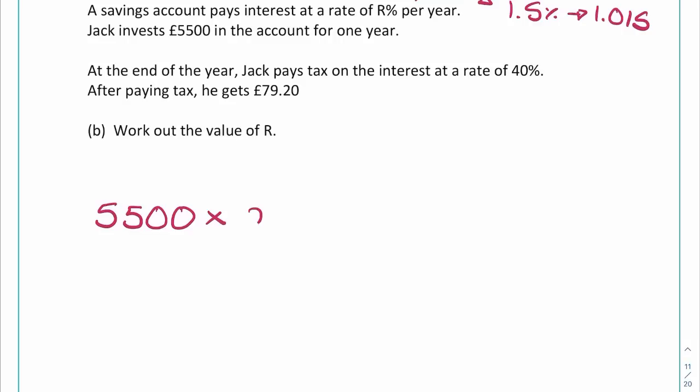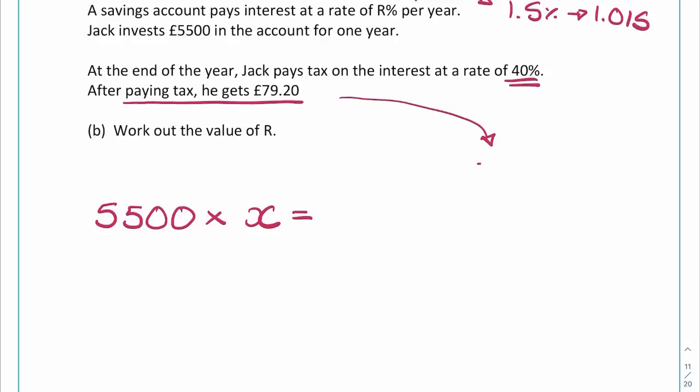So let's just call this x at the moment as it's an unknown. And that's going to equal whatever the new amount is. But again, the problem is it doesn't tell us how much he has. What it does tell us is that the interest rate is 40%, and after paying that, he gets £79.20. So what we actually have is a bit of a reverse percentage mixed into this.